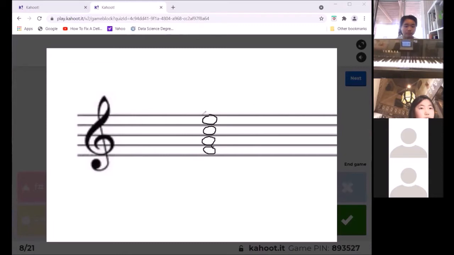So let's look at the triad first. The triad consists of F sharp, A, and C sharp.